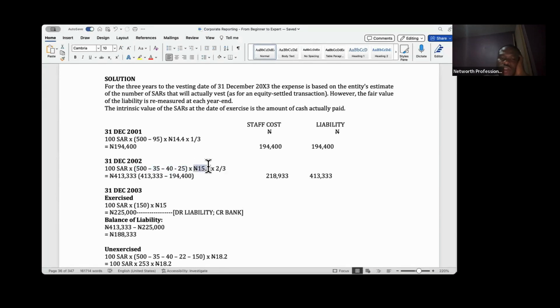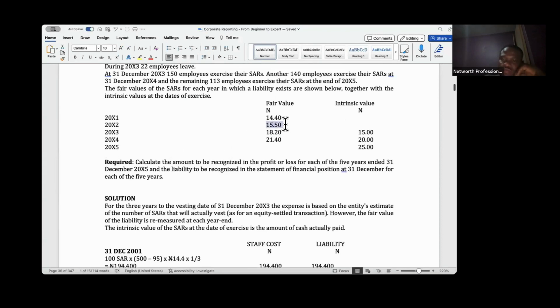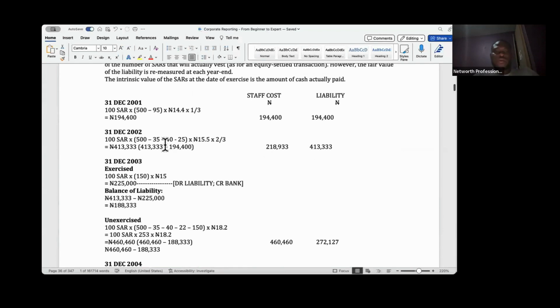You measure it at the fair value of that right at the end of year 2, which is 15.5. That gives me the value over the 3 years. Since this is year 2, I get the cumulative times 2 over 3. If you press your calculator, it will give you 413,333, which is sitting in the liability.